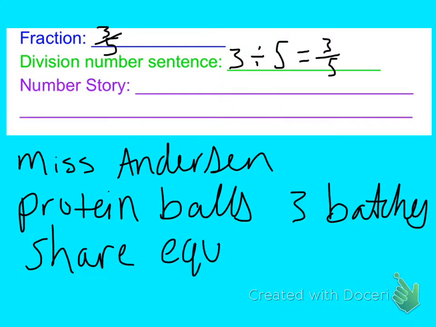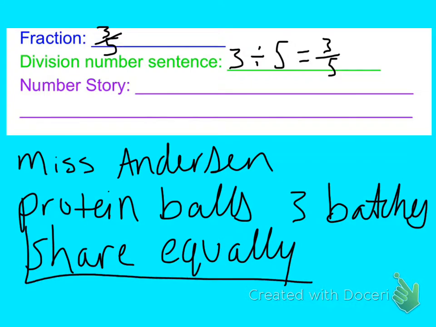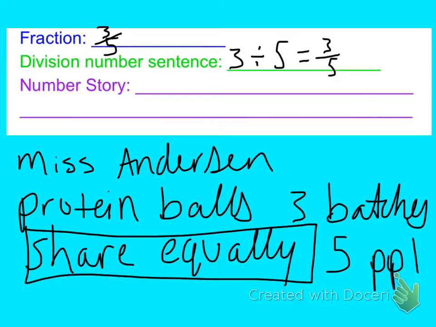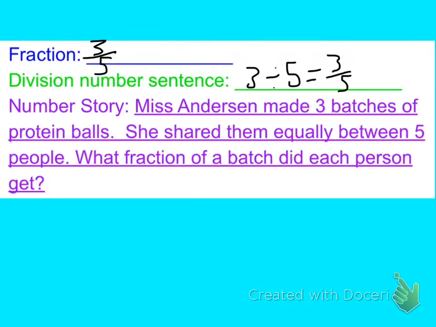It's really important that you have shared equally in your number story, because that's your keyword that tells you to divide. Shared equally between 5 people. Okay? And then you have to end with your question, like mine would be, what fraction of a batch did each person get?